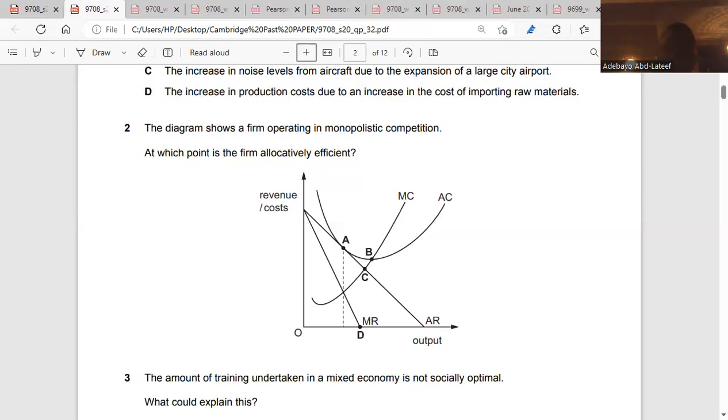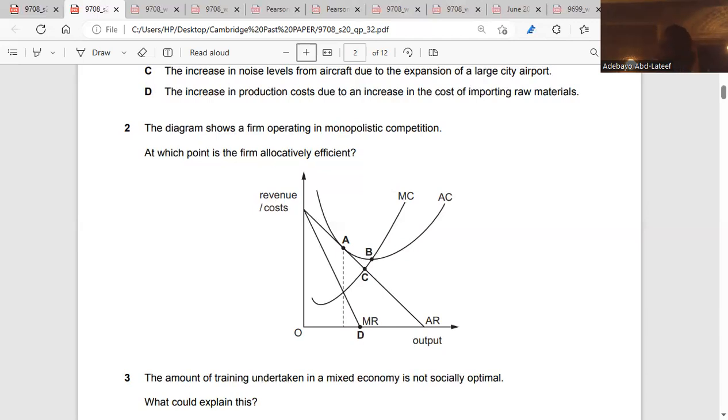At which point is the firm allocatively efficient? Allocative efficiency is when the benefit of consumption is more than the cost of producing extra units. That means consumers are able to get as much as they want in terms of consumption.